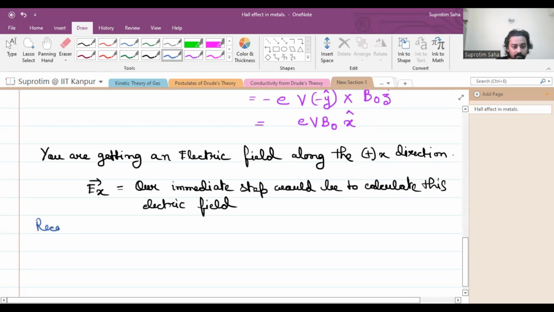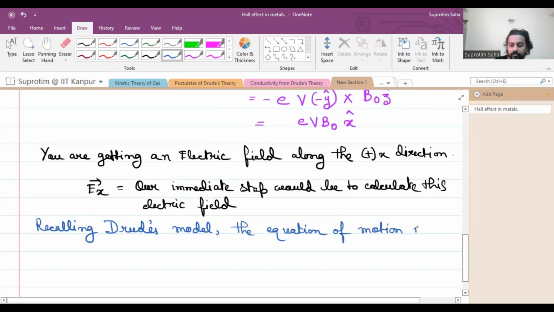Recalling Drude's model, the equation of motion is dp vector dt equals minus p over tau plus f of t.